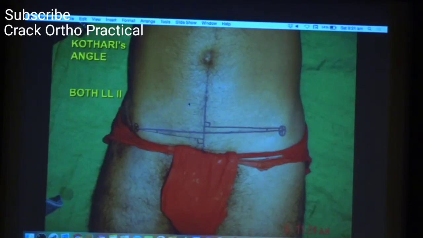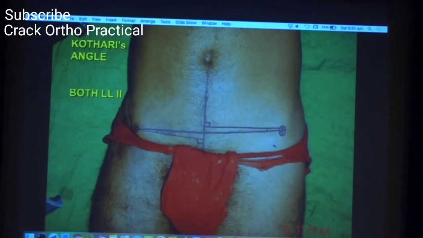So there are two reference lines which have to be drawn with both the lower limbs parallel to each other. The first one is the mid reference line from the umbilicus or the xiphisternum to the pubic symphysis. The second reference line is that you simply connect the two anterior superior iliac spines by a horizontal line.